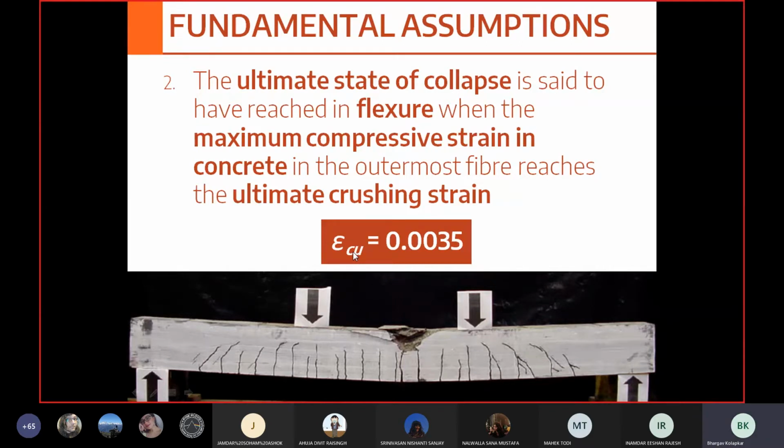In general, ultimate means that this is an ultimatum. This is final. So epsilon cu denotes strain in concrete at the ultimate limit state, which is 0.0035. Simple. When that strain is reached, we can say that the time is up.